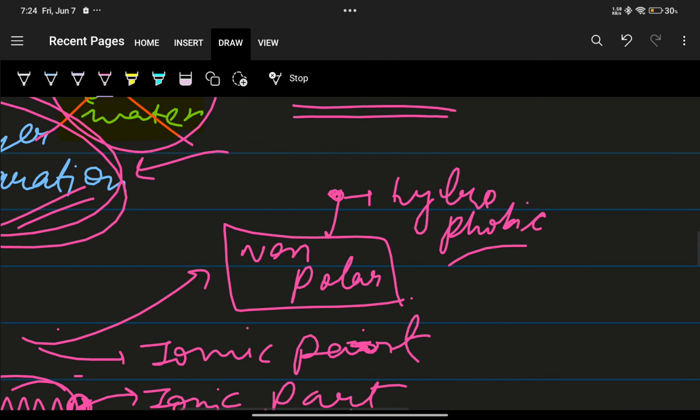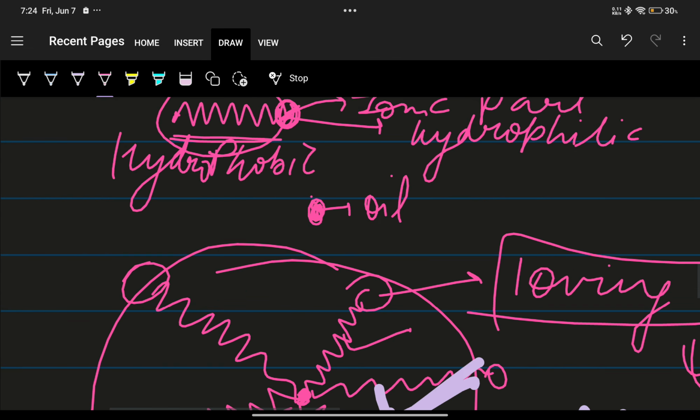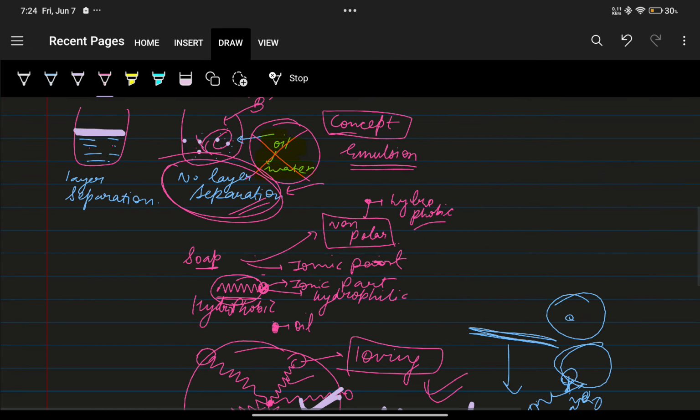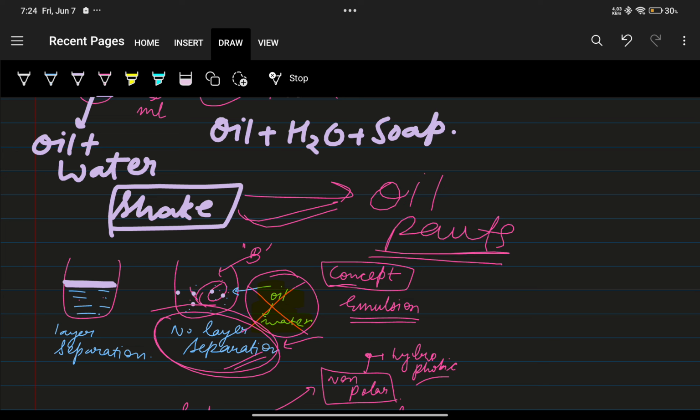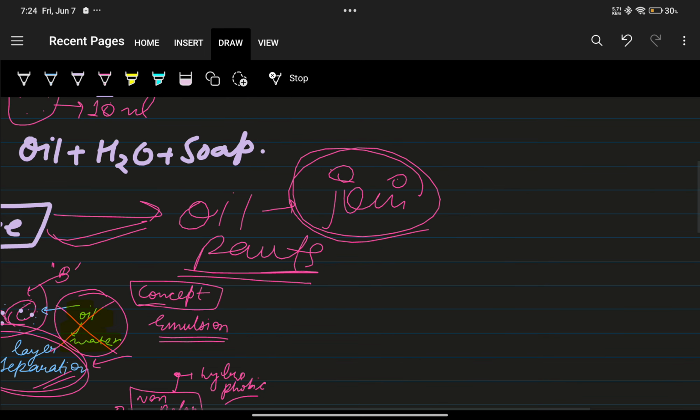When we just shake it, we were not able to see it. We have shaken it, right? Then it converted into small oil parts, and these oil parts were not able to join together. And why were they not able to join together? Because obviously the reason is that there was micelle formation.